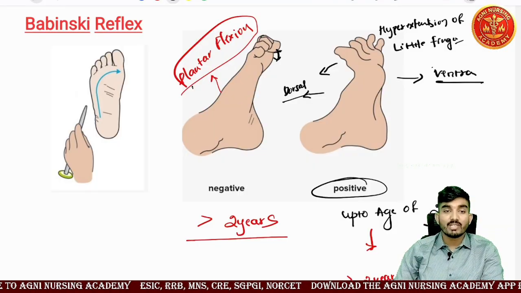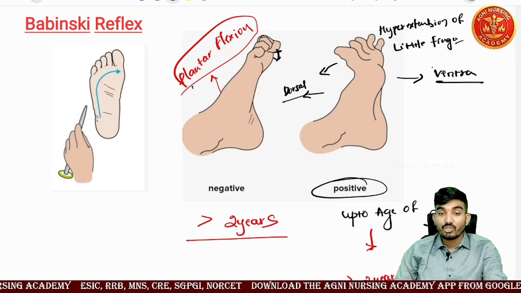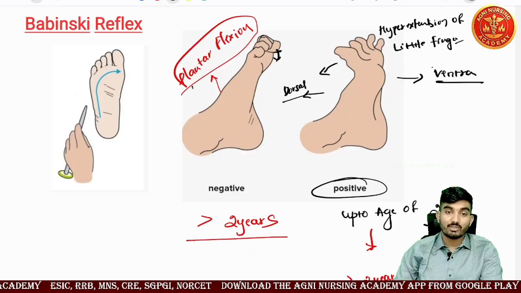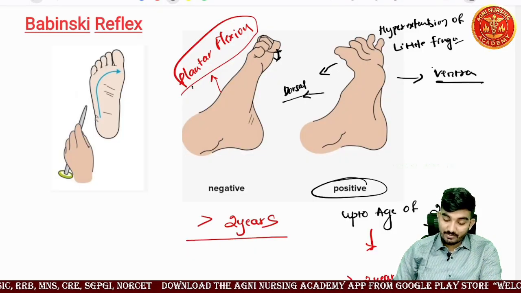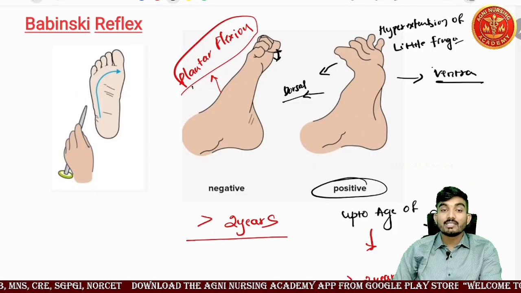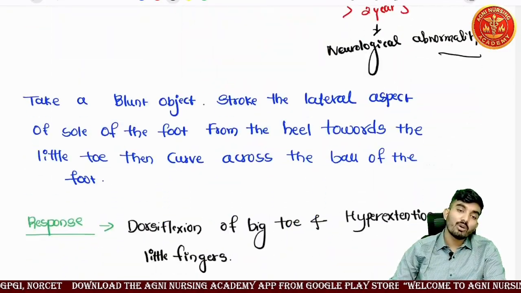In normal adults, the normal movement is plantar flexion.